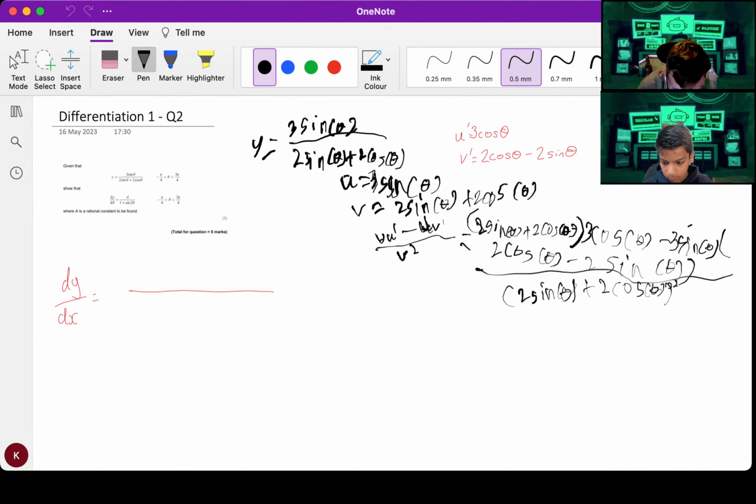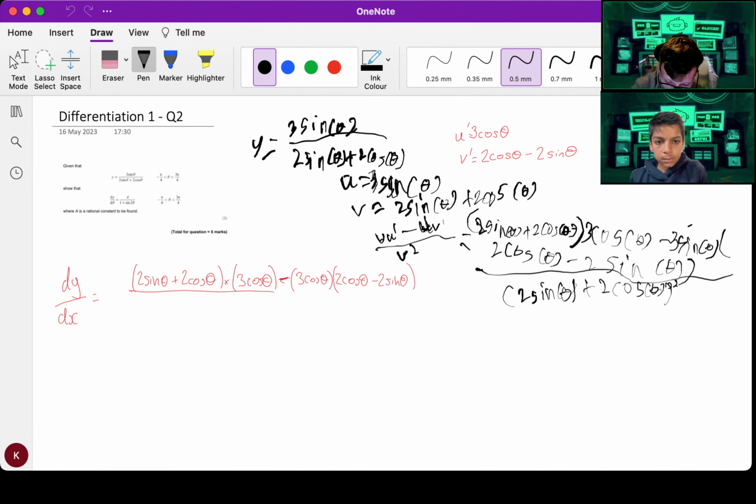You've done 2 sine theta plus 2 cos theta, which is v, times u prime, and you're taking away u, which is 3 cos theta, multiplied by v prime, which is 2 cos theta minus 2 sine theta.